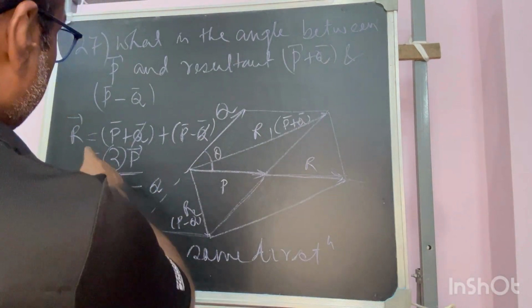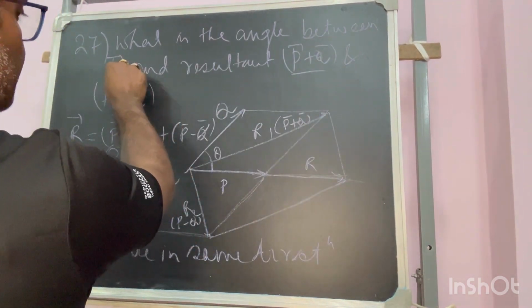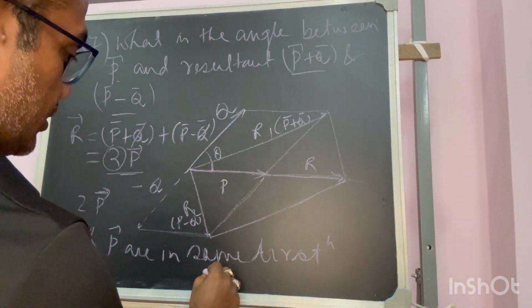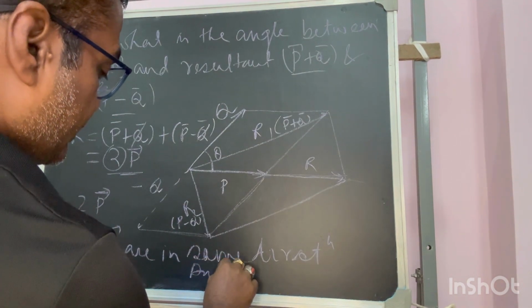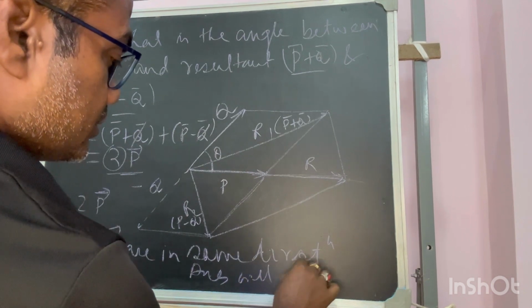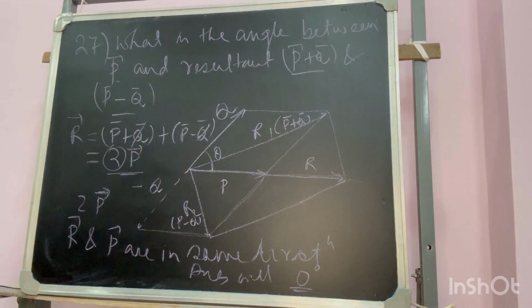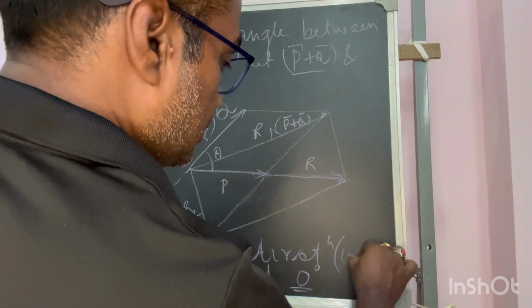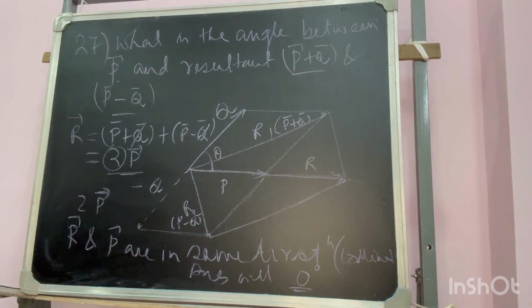So the resultant R makes 0 degree with P, collinear. So the answer will be 0 degree. That means P and the resultant R are collinear, in the same direction. Okay, collinear vectors.